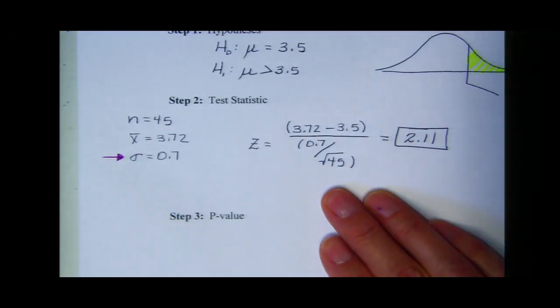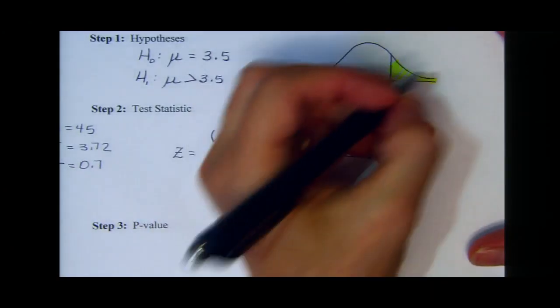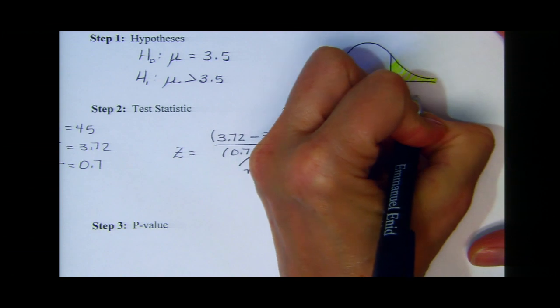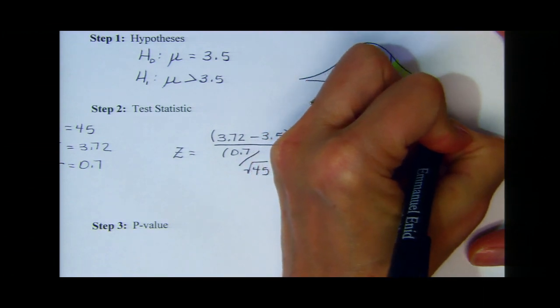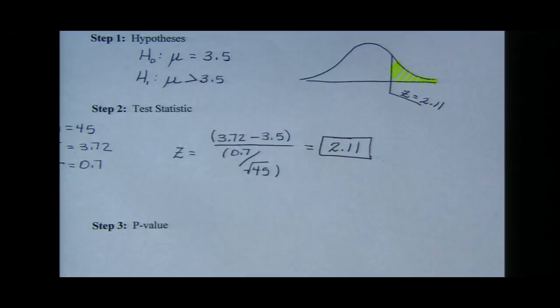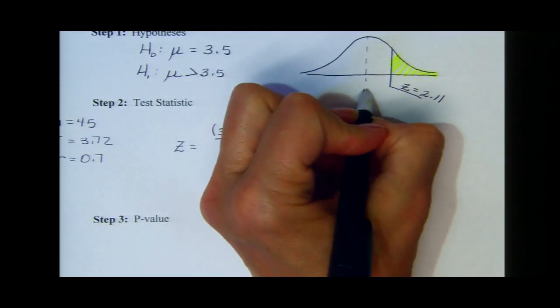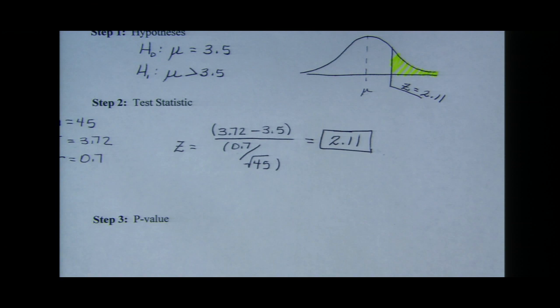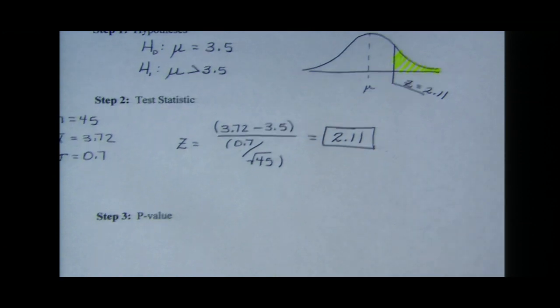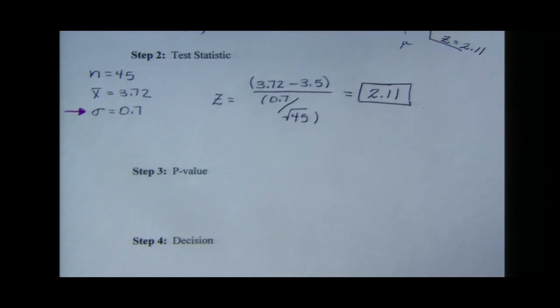That's why the multi-view is so nice. So what we have found is that this is 2.11 standard deviations away. So if you remember, here is your mu, and we're 2 full standard deviations and 0.11 from that away.